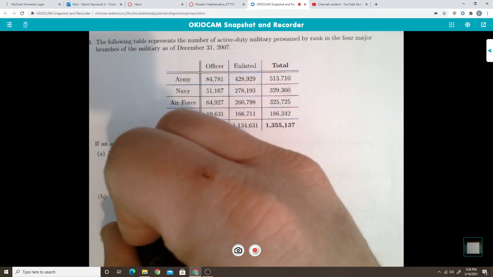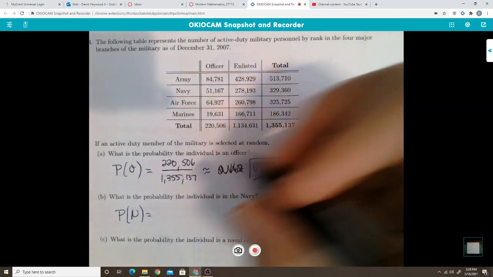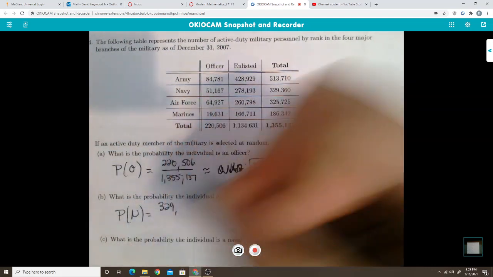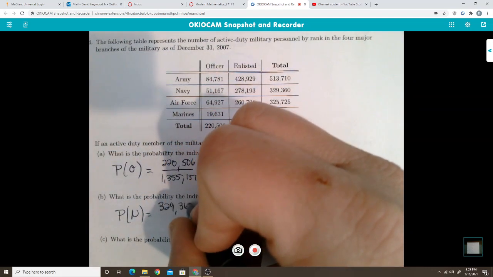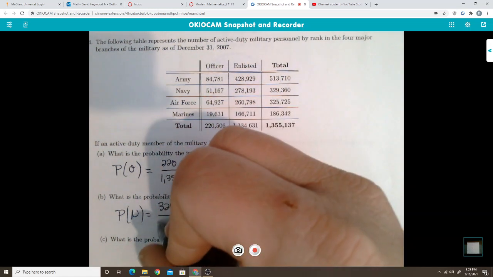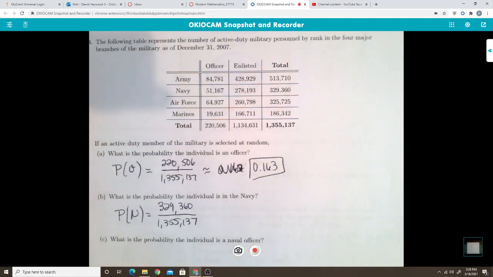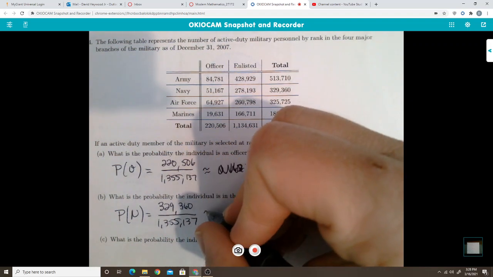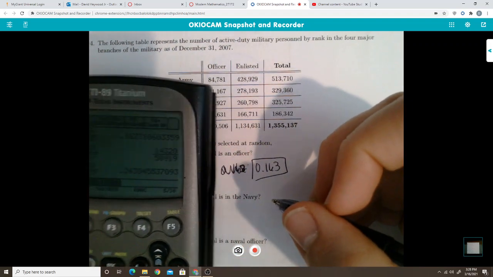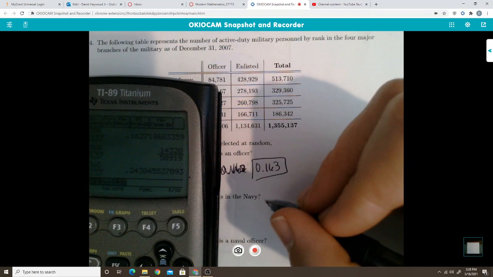So the probability that they're in the Navy is 329,360 out of 1,355,137, which comes out to about 0.243.